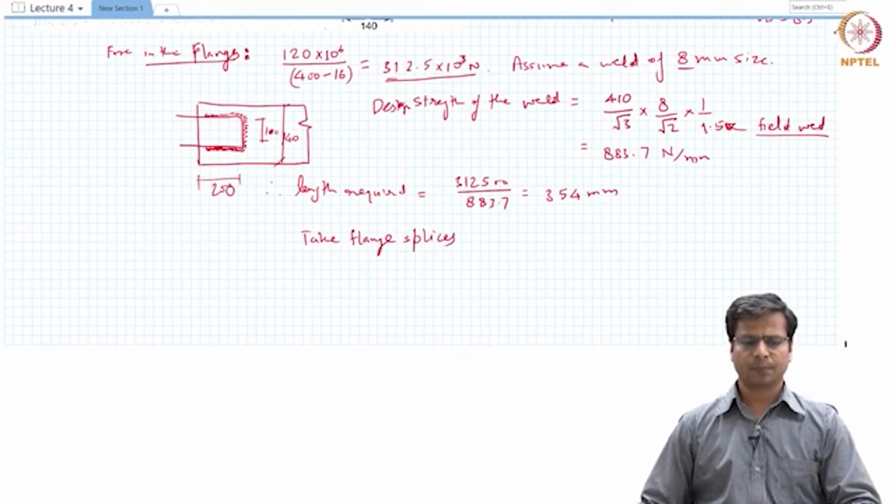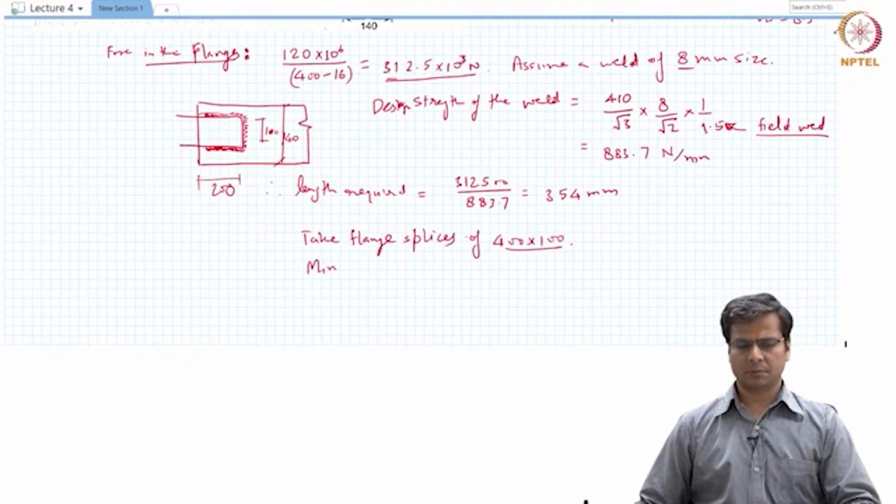So 200 plus 200 plus 100, total 500 millimeters almost we have available for our welding. So a plate of 400 by 100 millimeter size, but the thickness still needs to be decided.